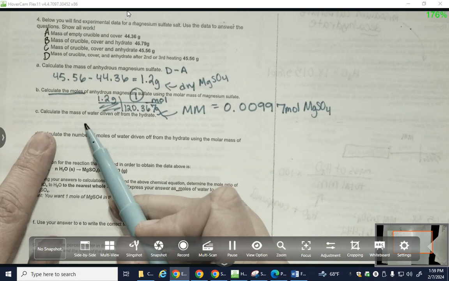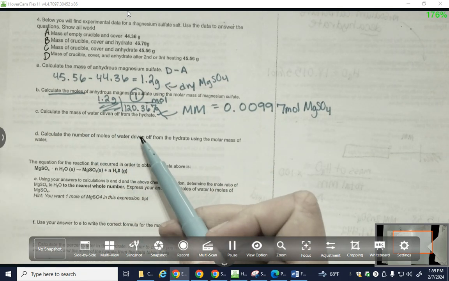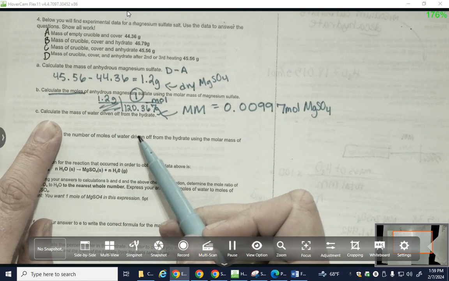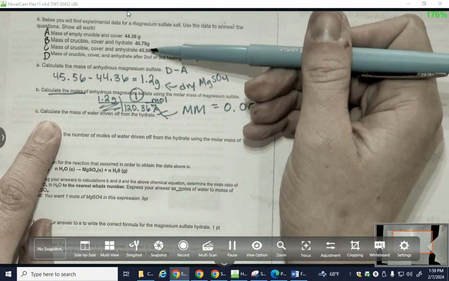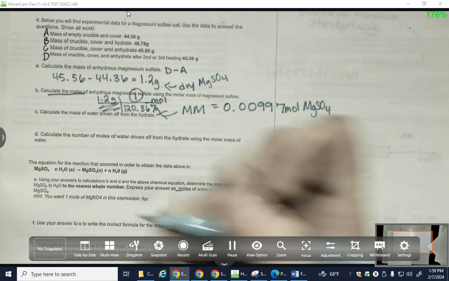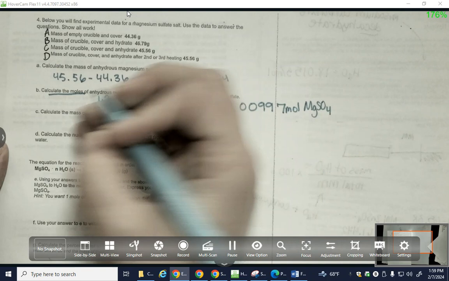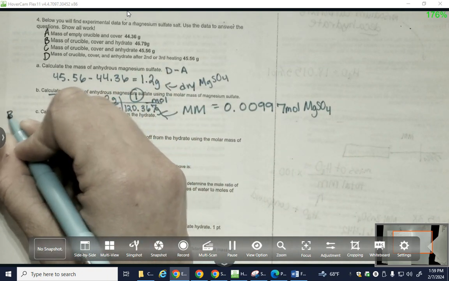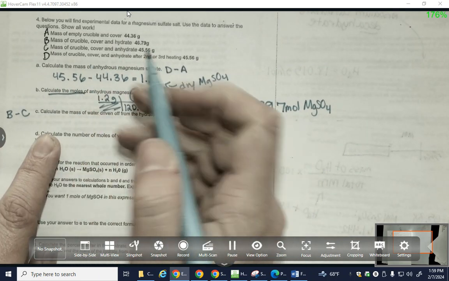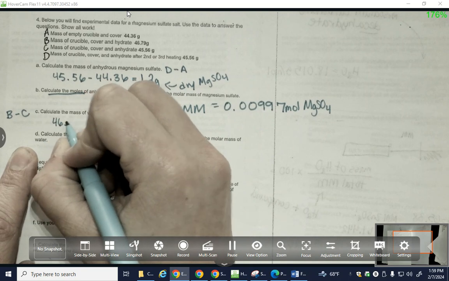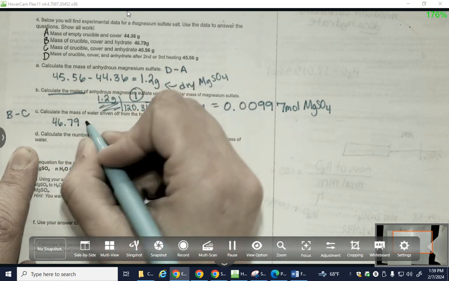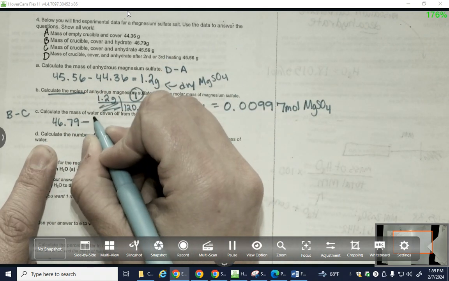All right, so the mass of the water driven off from the hydrate. So mass of water means that we're going to take our wet salt minus our dry salt. So I'm going to go ahead and have B minus C. Okay, so I'm going to have 46.79 minus 40.